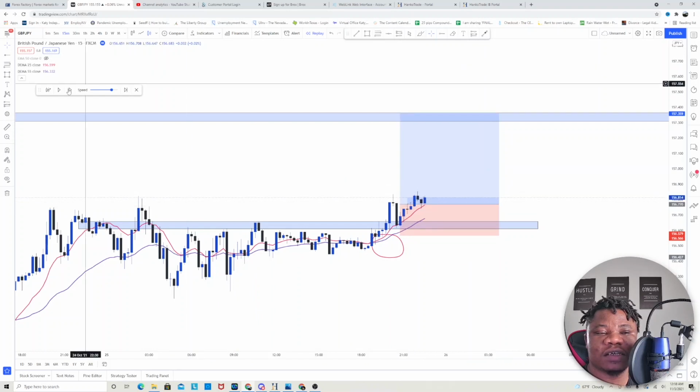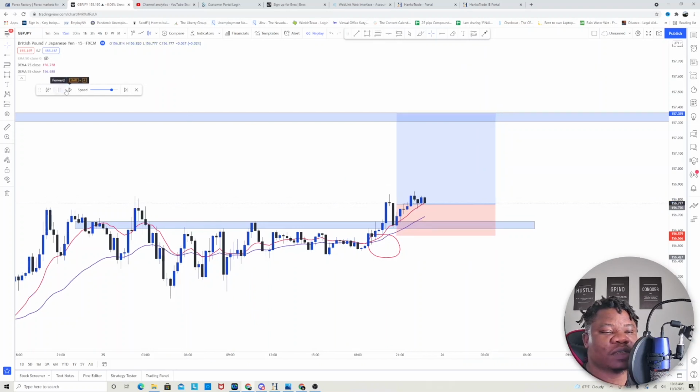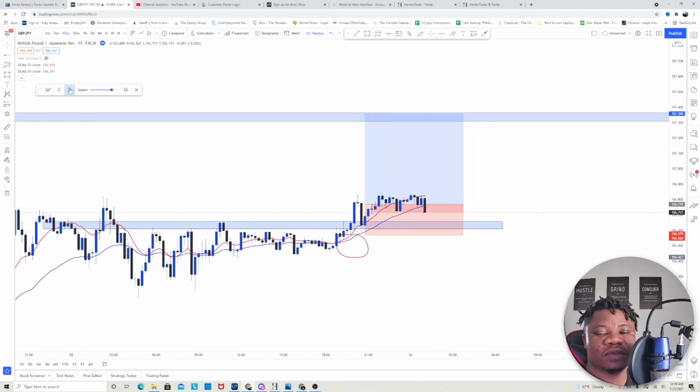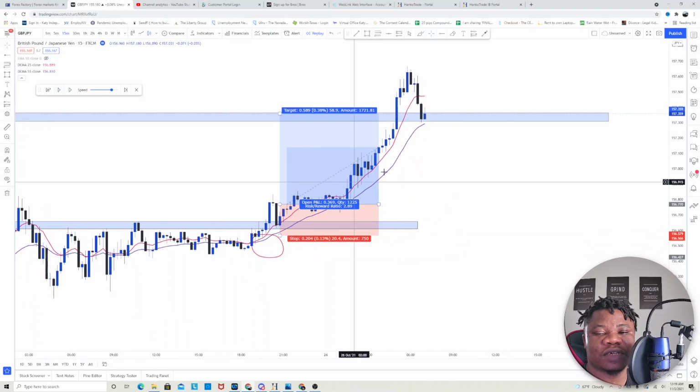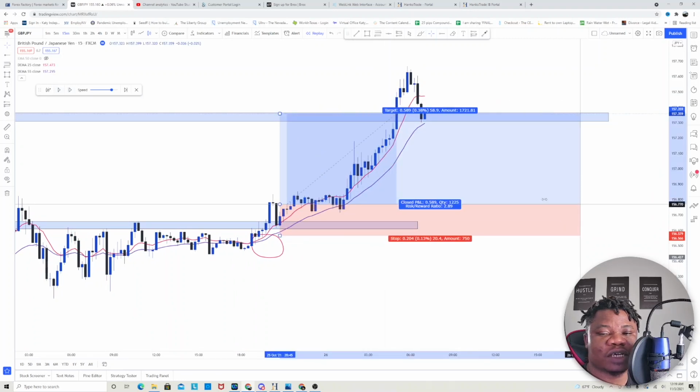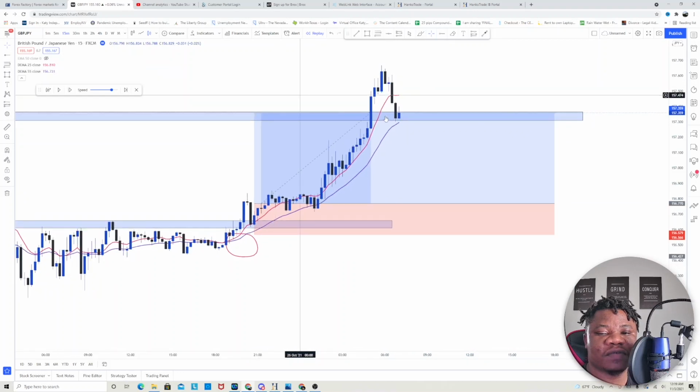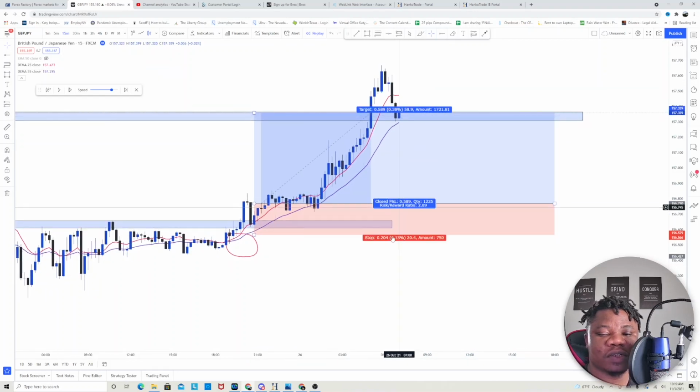So let's see how this trade actually played out. So right there, we got our take profit smash for 58 pips, stop loss 20 pips, risk to reward ratio 2 to 8.